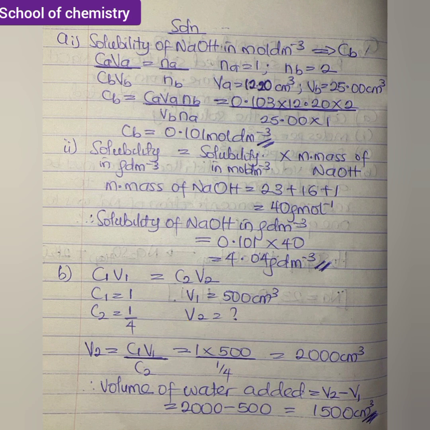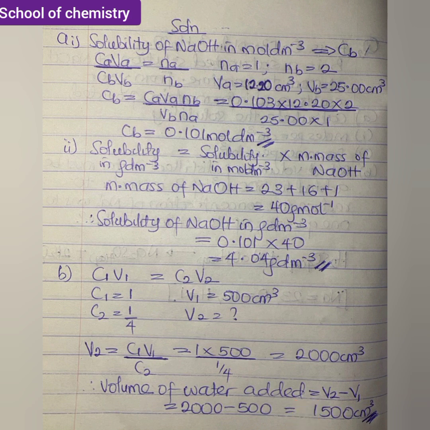Now, your C has to be in mol/dm³, never in g/dm³. So luckily for us, that's how we are going to work around it. V2 is V1 plus the volume of water that was added. So that means the volume of water added would be equal to V2 minus V1.